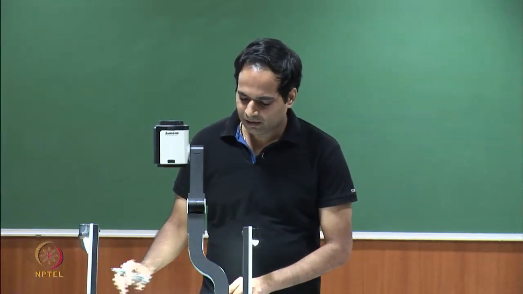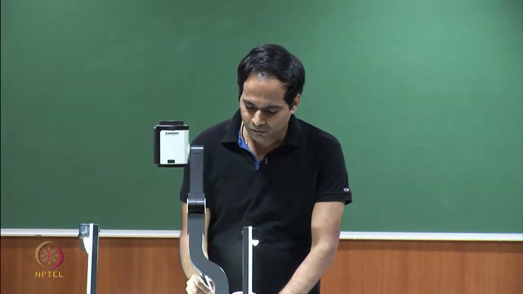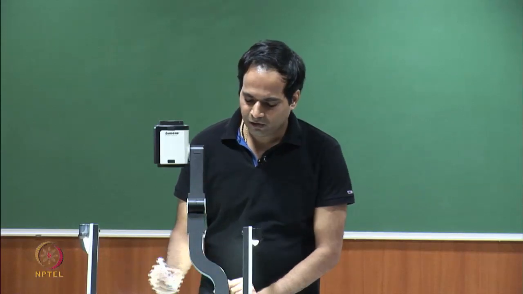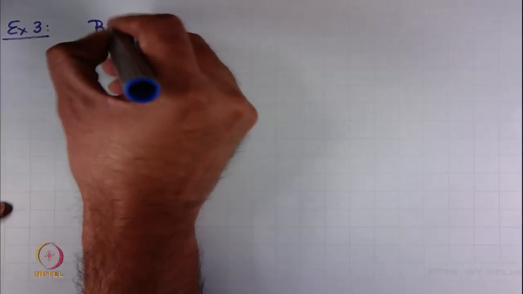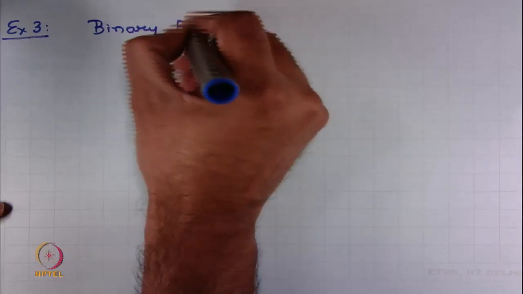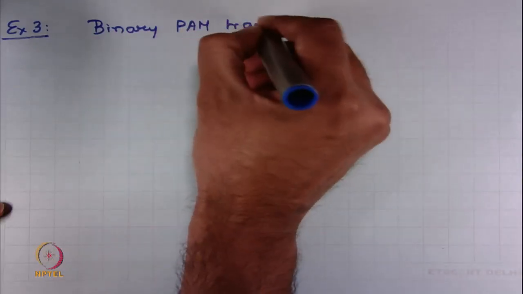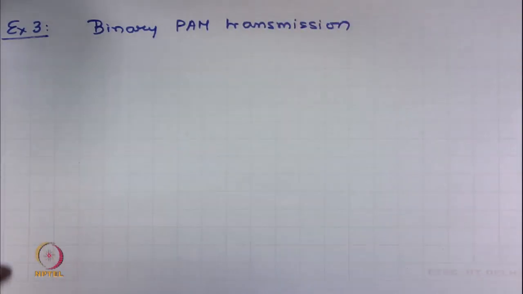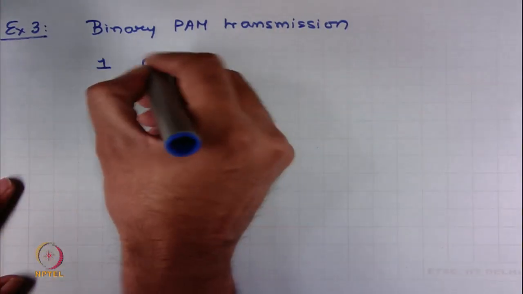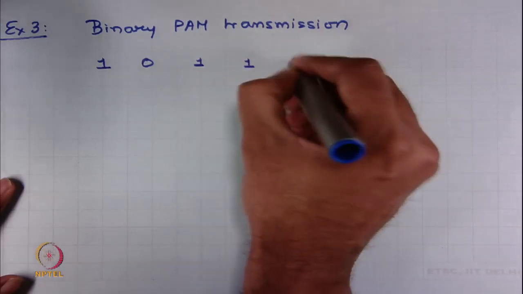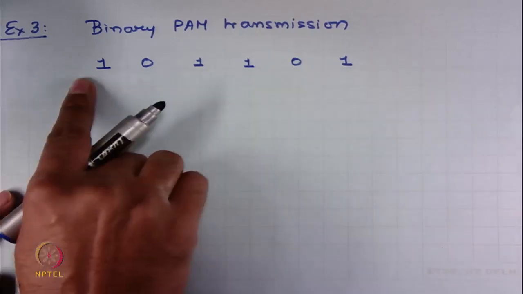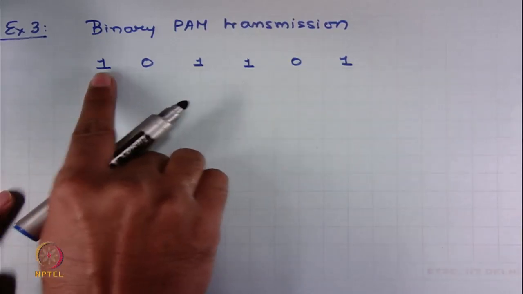So, let me take this idea a little bit forward and use it. This is, let us say, example number 3, for a binary PAM transmission. When we are talking about a binary PAM signal, let us assume that I have some digital signal, and this digital signal, as you can see, is composed of 2 bits, 1 and 0.